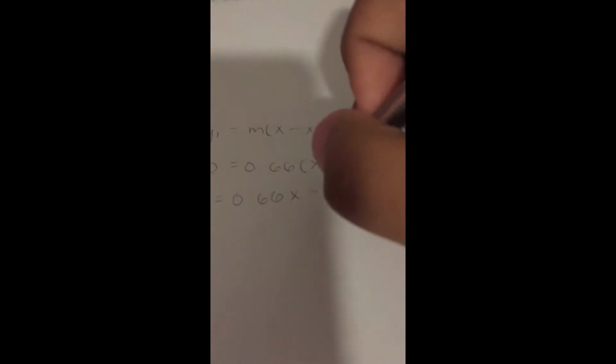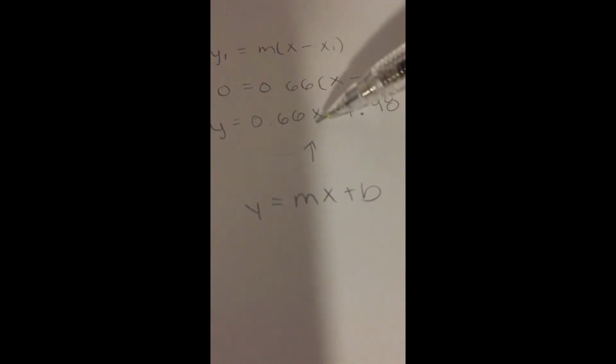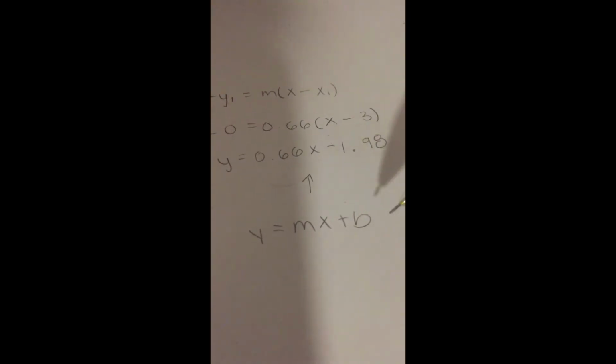Y minus 0, y equals 0.66 multiplied by x, 0.66 x, and 0.66 by minus 3, minus 1.98. And this is how we got this function. As you see, y equals m by x minus or plus, according to the science rule, b.